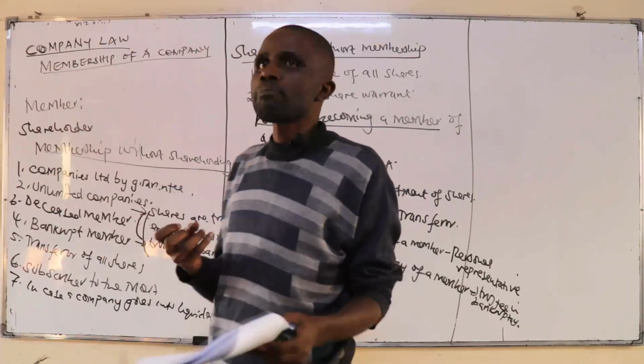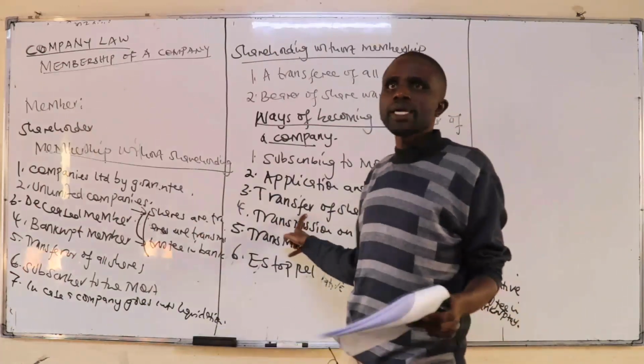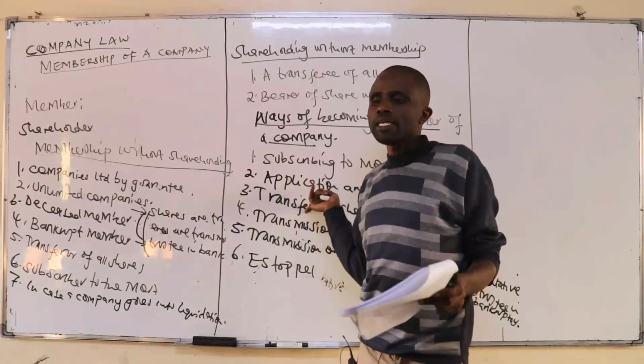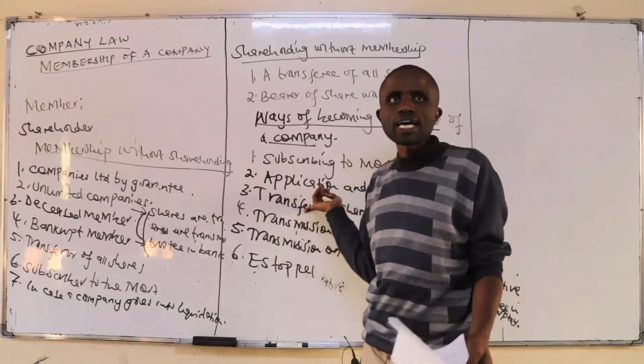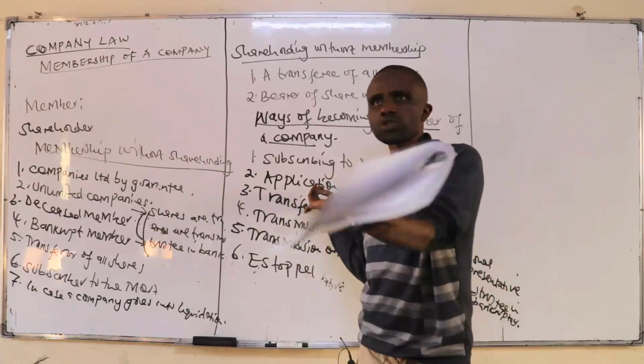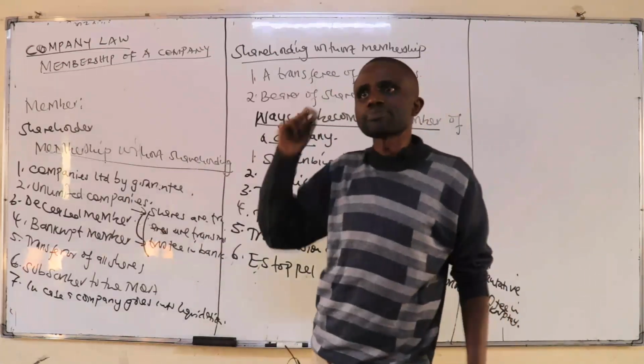It usually happens for the members who transfer their shares, because the company may fail to remove your name from the register of members, and even hold that you still hold those shares, yet you transferred your shares to another person.